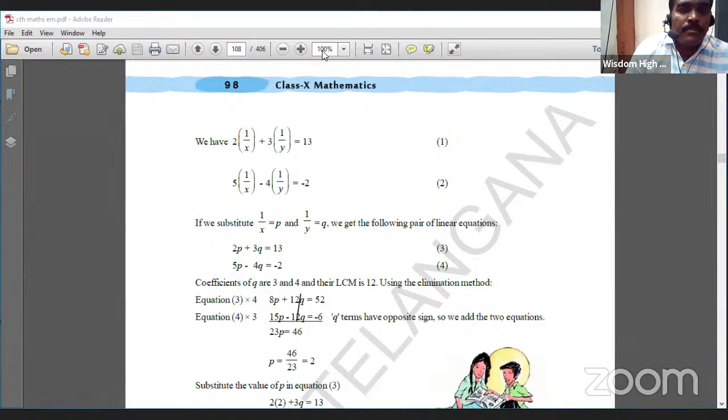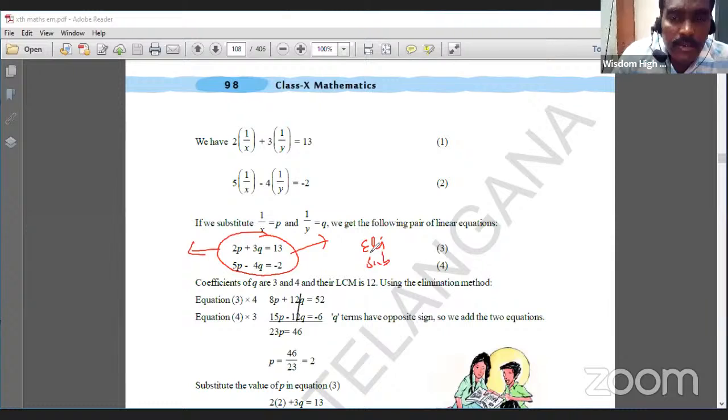If you convert into linear equations in two variables, then automatically we can solve these two equations by any one of the two methods, no? Elimination method and substitution method. We have to use any one among the two, then solve these two equations. We will get the final answer.